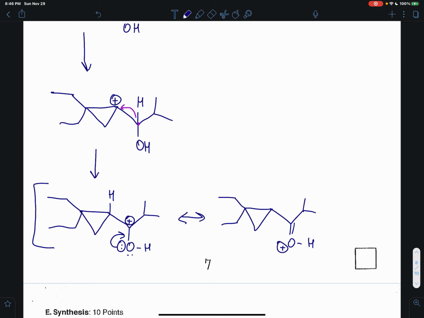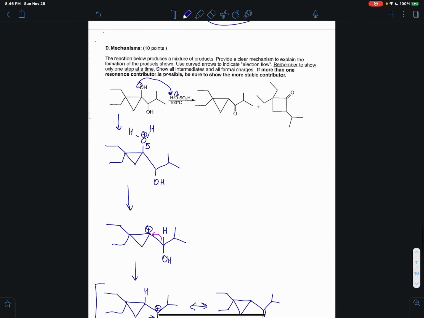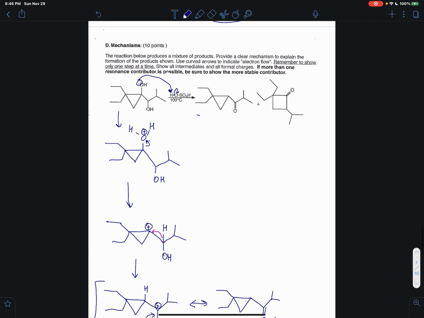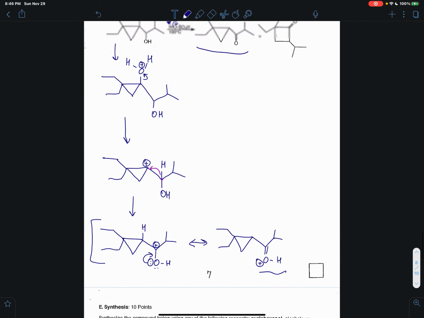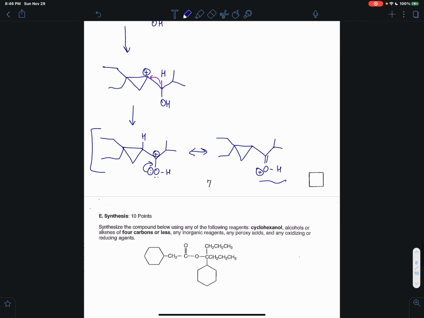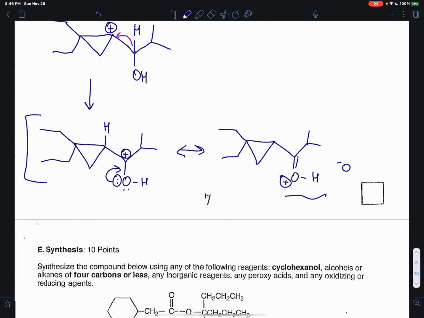Now at this point, I want to start looking at the product, because I don't know where to go from here. So I know my product is this one, so I'll just have to deprotonate this oxygen and I'm good, right? So what I can use here is O-SO3H, because I deprotonated this acid earlier on. So it's going to grab this hydrogen.